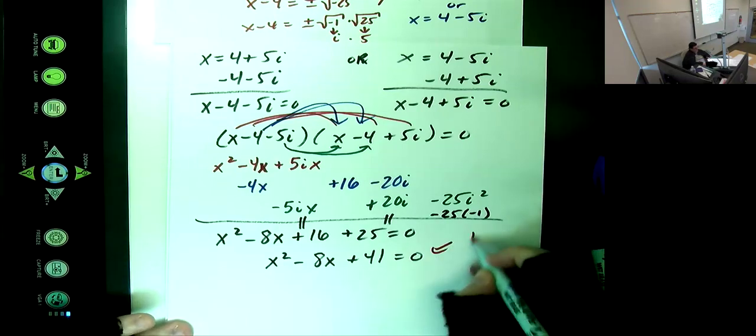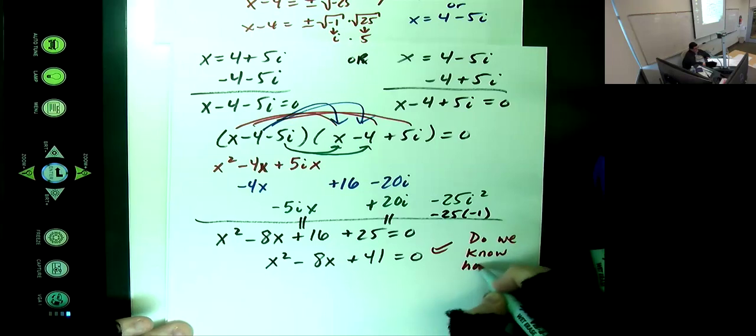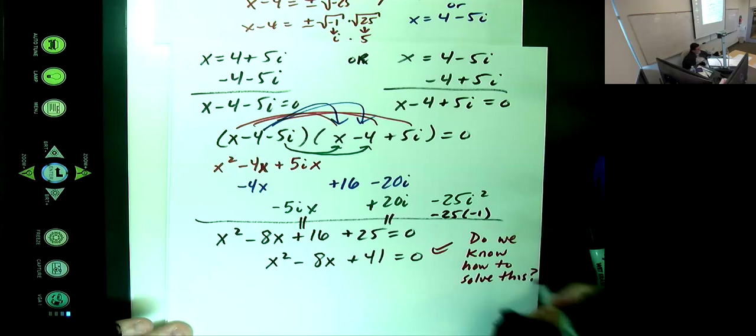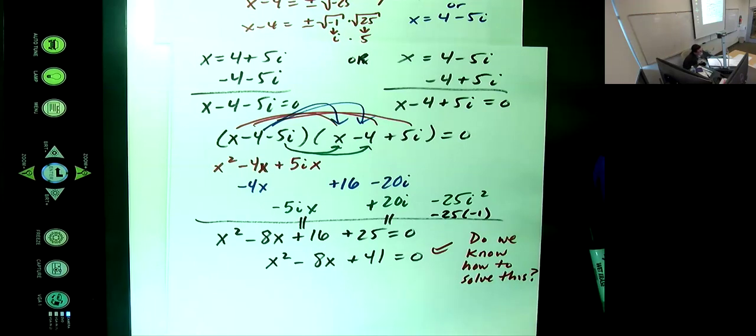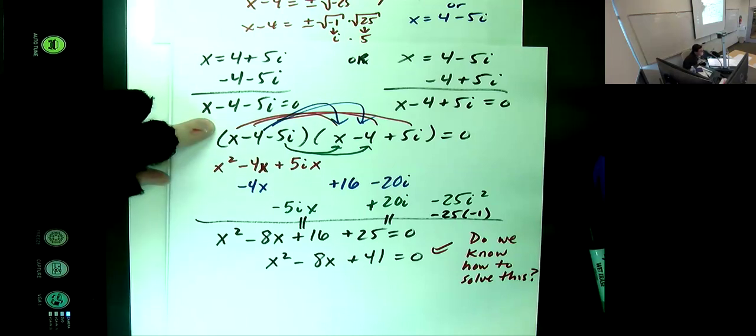Do we know how to solve this? 41's a prime number. So we've got factoring issues. Well, clearly we know it factors. But you're never going to come up with -4 minus 5i, -4 plus 5i as your factors. No matter how much guessing and checking you try, you're never going to get that.